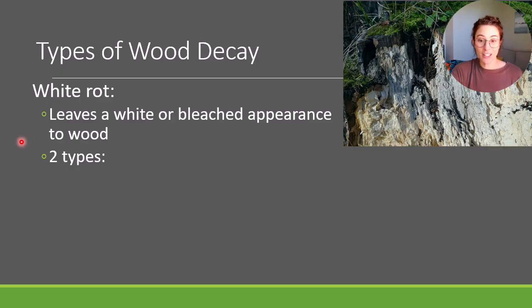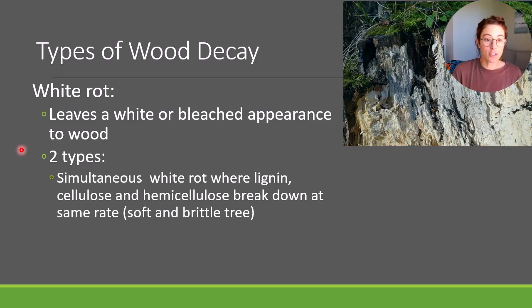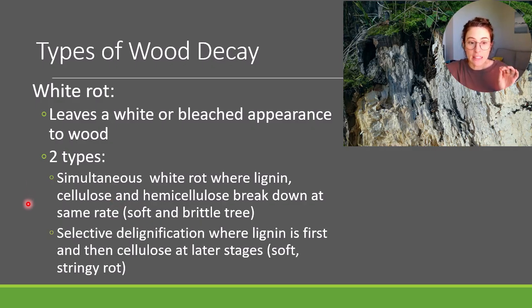There is technically two types of white rot. The first type is something called simultaneous white rot. This is where the lignin, the cellulose, and the hemicellulose, which people don't talk too much about, break down at the same rate. So you end up getting a very soft and brittle tree at the same time. The second type is selective delignification. This is where lignin is first degraded and then cellulose comes at a later stage.